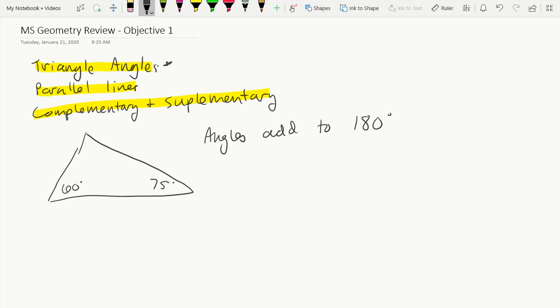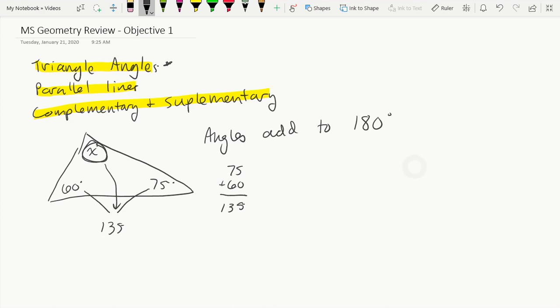Well, it might be asking me to find that third angle. Well, what I know is that they all have to add up to 180. So first thing I'm going to do is I'm just going to take these two angles, and I'm going to add them together. So I know that 75 plus 60 is going to make 135. So I know that this angle has to add up with that 135 to make 180.